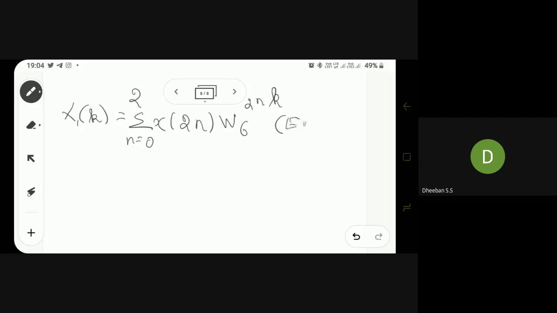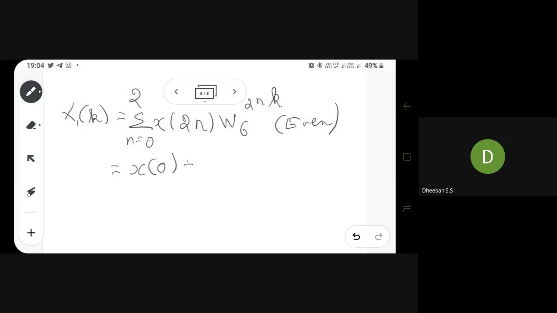Okay. This will be equal to summation n equal to 0 to 2, x of 2n w6. Now we will be using the butterfly diagram. We can also do it in the theoretical manner. So if you are doing in the theoretical manner, first here you are taking for the even signals. So this is an even signal. Okay. So here we will be only applying the even signals. So what are the even signals? x of 0 plus x of 2.